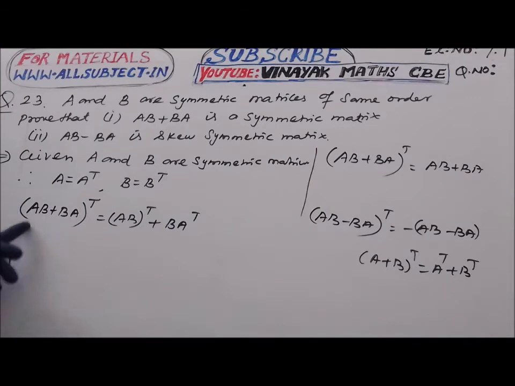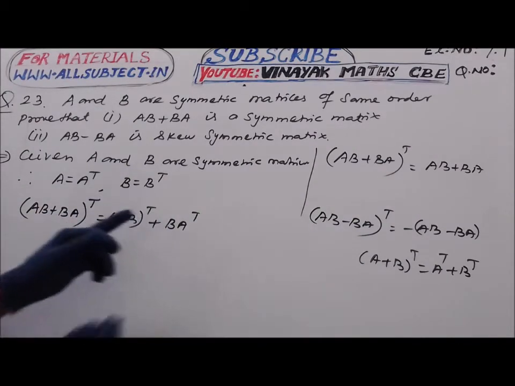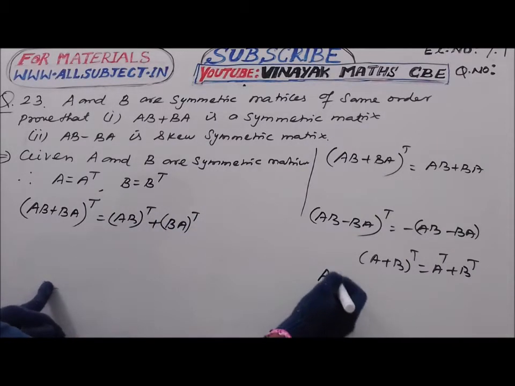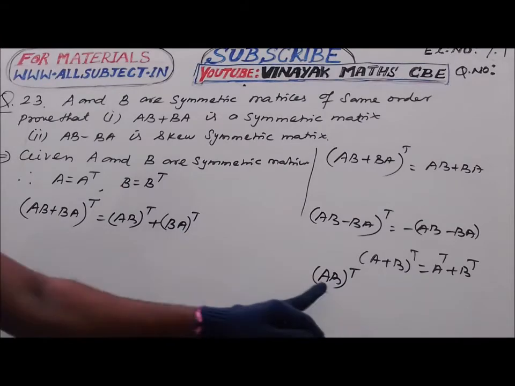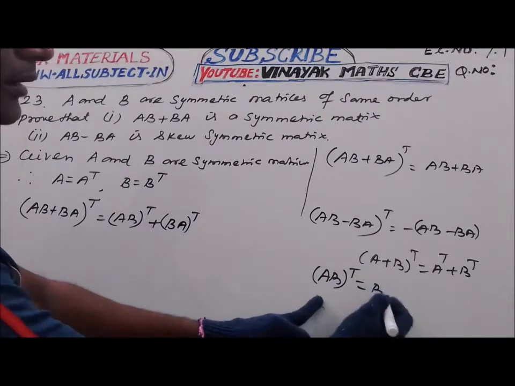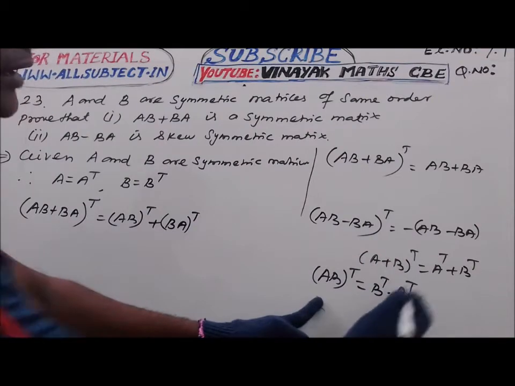By use of it, (AB plus BA) whole transpose is equal to (AB) transpose plus (BA) transpose. And then by the property of transpose, (AB) whole transpose, if the matrices are in product, will be equal to B transpose into A transpose.